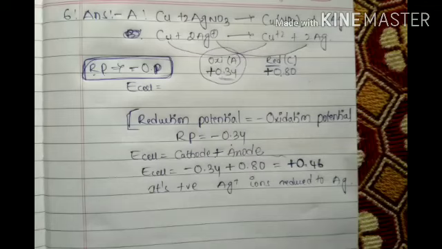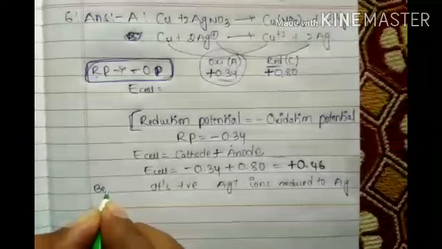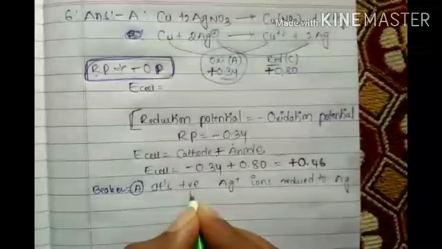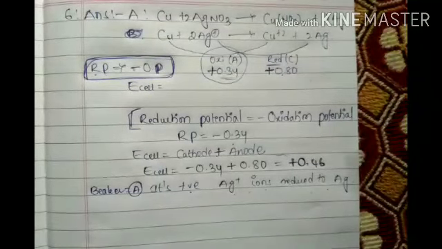The copper wire is dipped into AgNO3, which is kept in A. So the answer is beaker A. It's positive, Ag+ ions reduced to Ag. That's it. Second one, do we have to do it or no need?